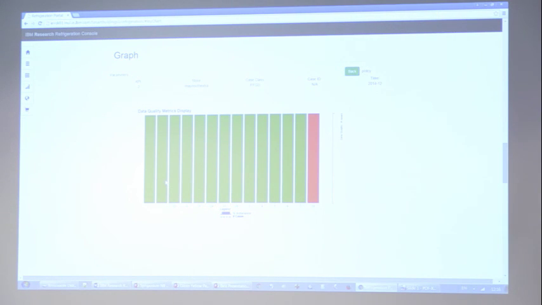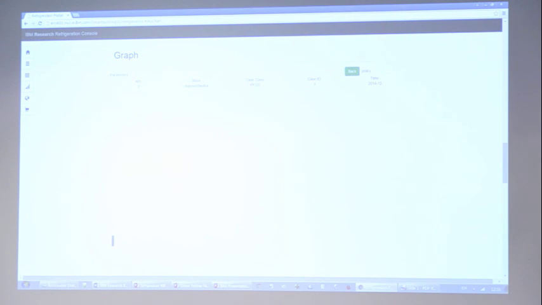It's used to engage with people to say, this is the type of thing you need to be looking at, and we obviously want to get to a point where we can drill down into the actual data and understand. This is just a very simple graph of the number of defrosts reported on that case over the months. Some of those dips, as I say, were data quality issues, data quality glitches.